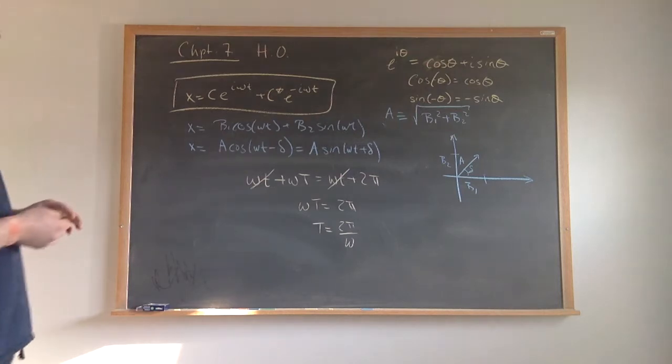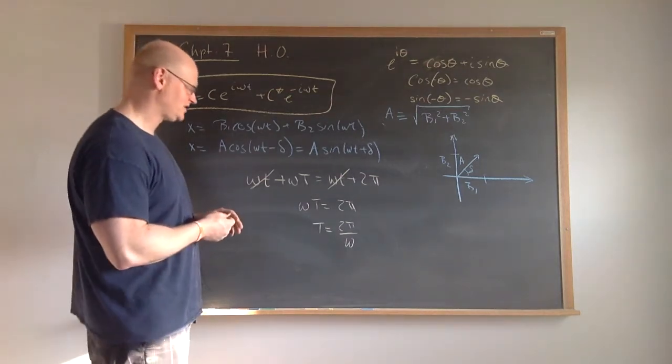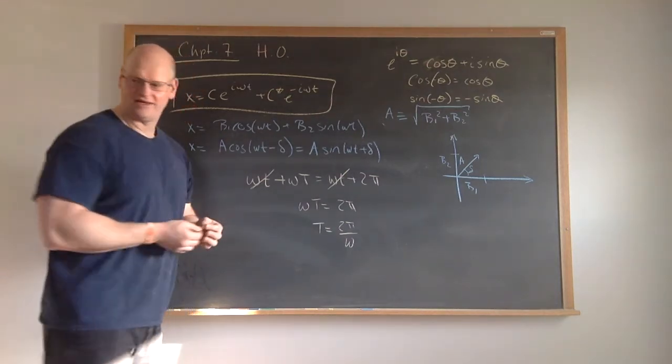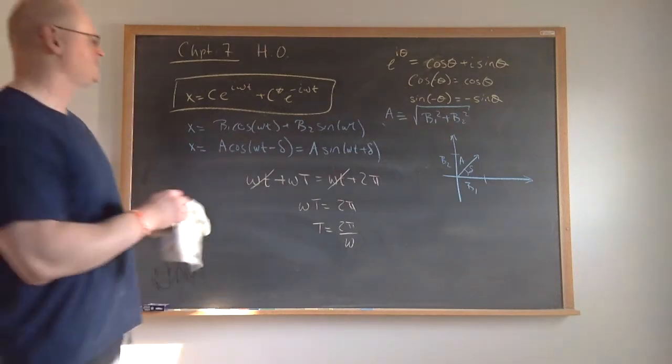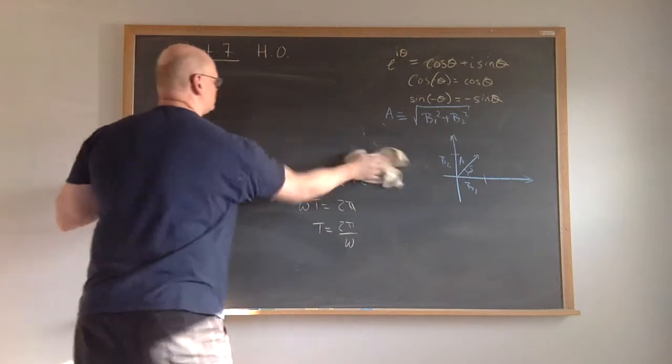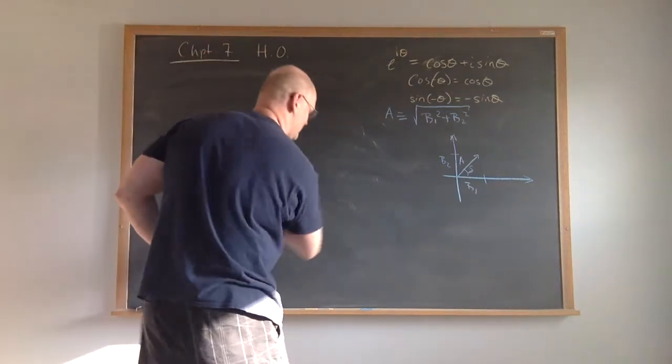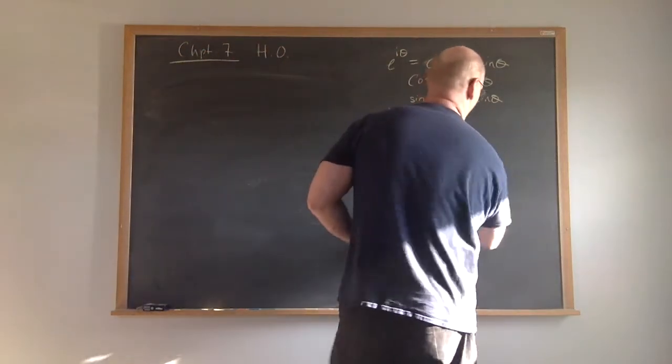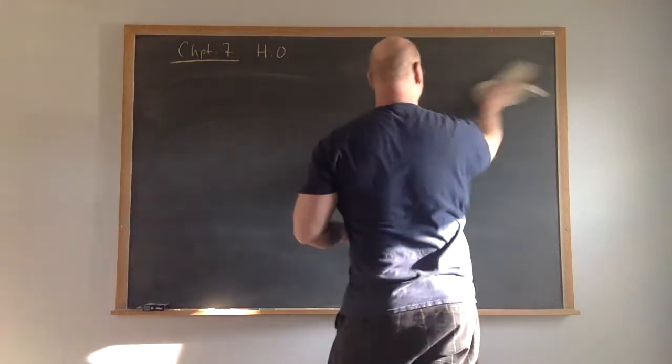Now we talked about the potential energy of this system when we did energy, but let's go ahead and talk about it again. The way we would determine the potential energy is to look at the work being done by the spring.